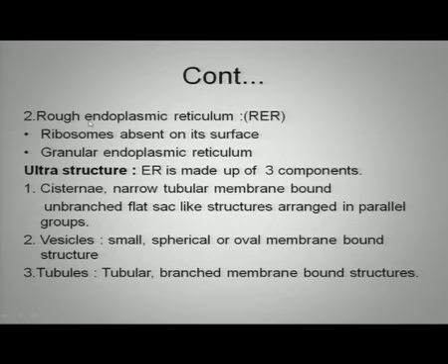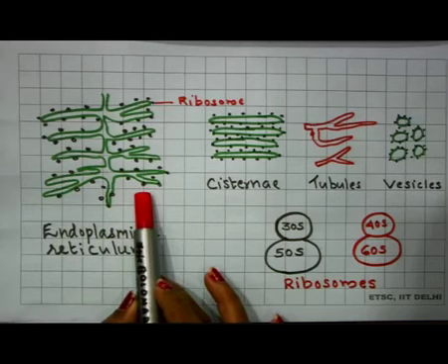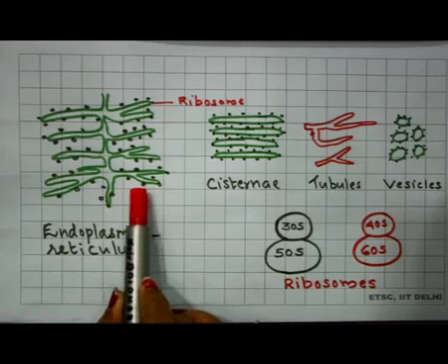The second one is rough endoplasmic reticulum, which we call RER. Here you see this particular diagram. Try to identify whether it is a rough endoplasmic reticulum or a smooth endoplasmic reticulum.